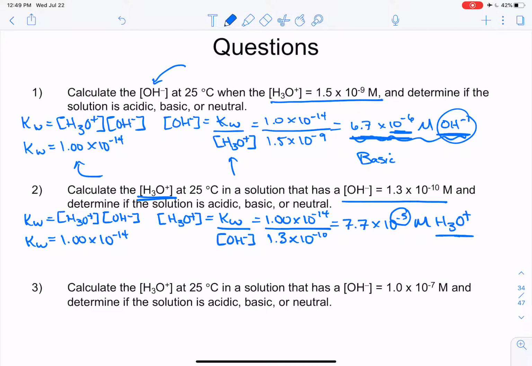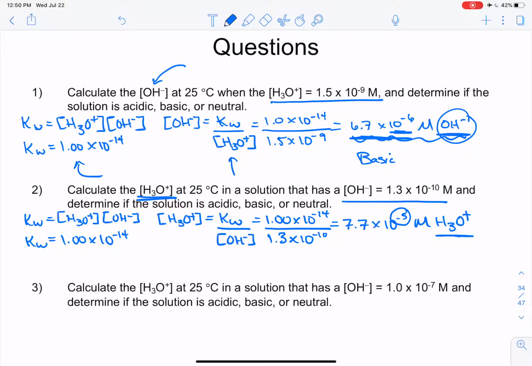It's actually bigger because it's less negative. So you have a concentration of acid that's higher than you would have if it was neutral.